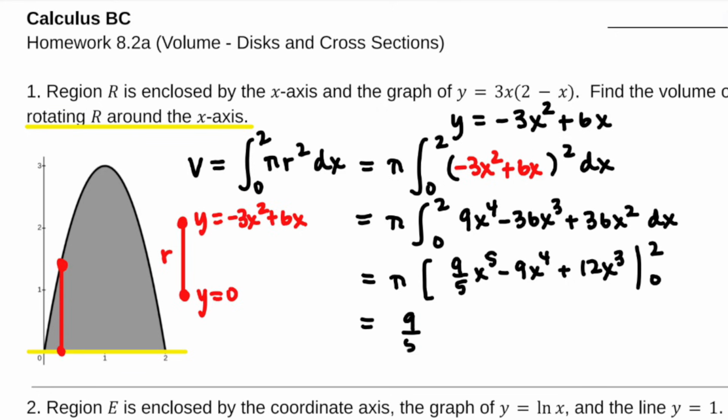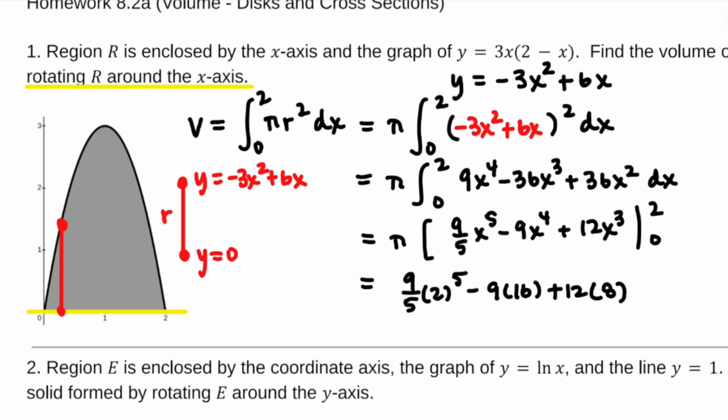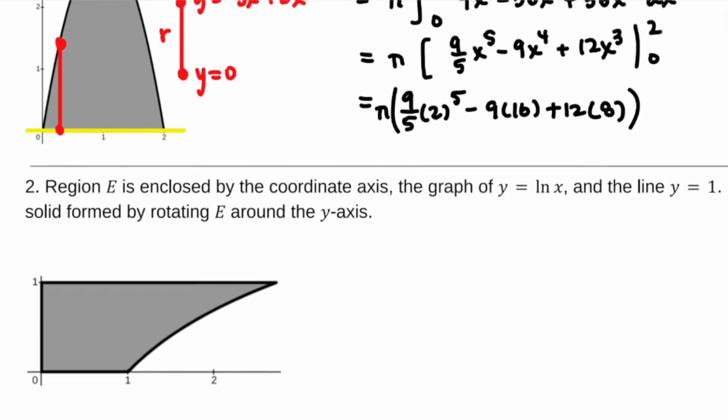Let's just call that 9/5 of 2 to the 5th, minus 9 times 16 plus 12 times 8. That's a number that you could figure out if you needed, but I think that'll be far enough for us. And if I plug in 0 into that, oh goodness, I left off my pi. There we go. That's a suitable answer, because if I plug in 0 into that antiderivative, I'm going to get 0. So, all right, I've done that one.